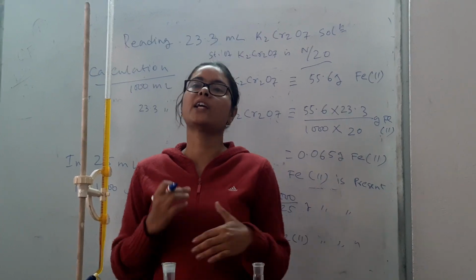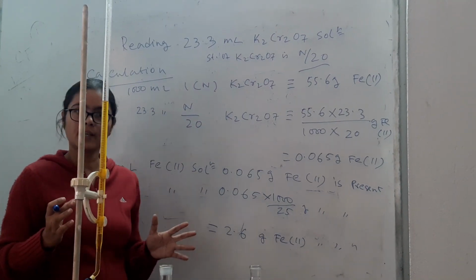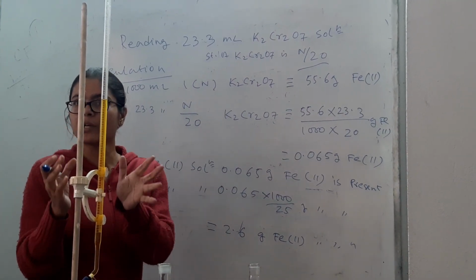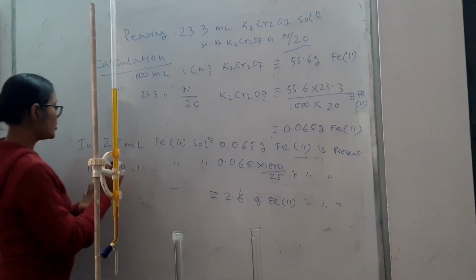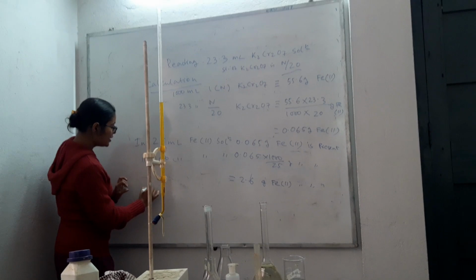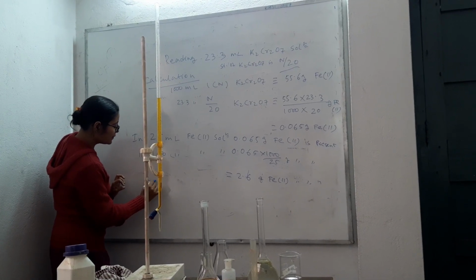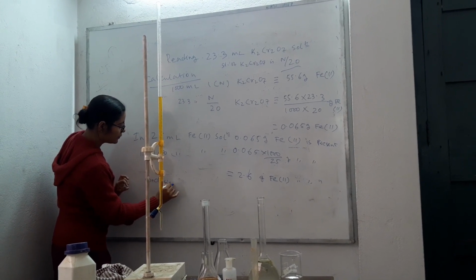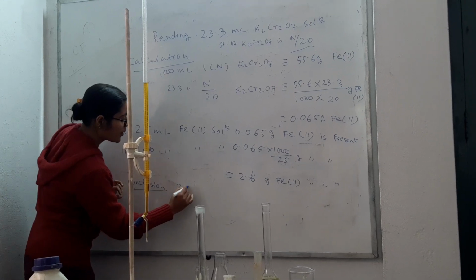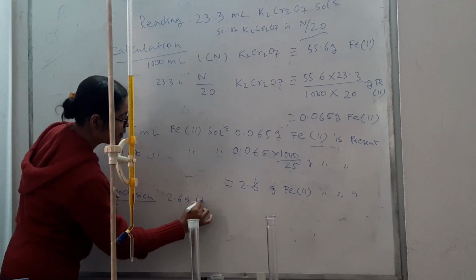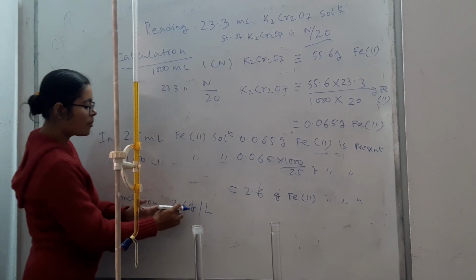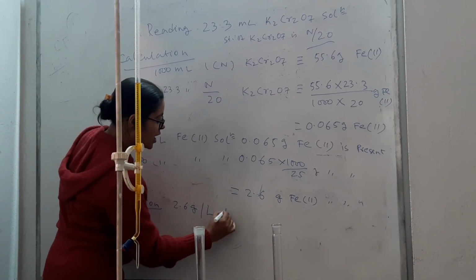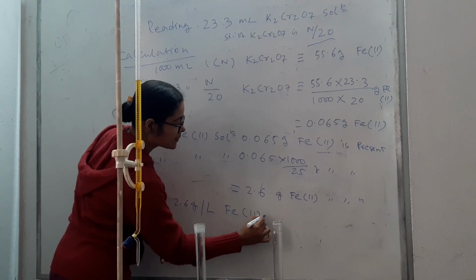By this way, we can estimate iron 2 plus by the titrimetric method using the potassium dichromate solution. So here it is our conclusion that 2.6 grams per liter, because 1000 ml is 1 liter. So 2.6 grams per liter of iron 2 plus is present.